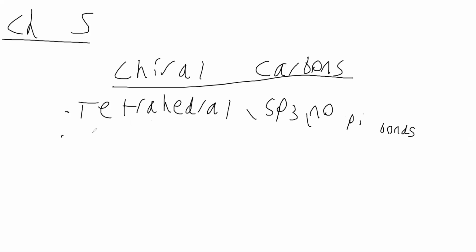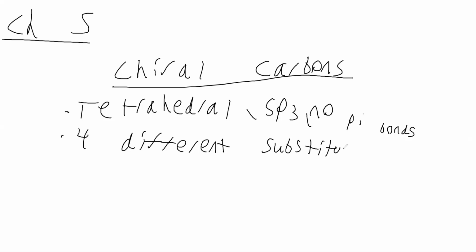And then in order for it to be chiral, after you recognize that it's tetrahedral, you have to see that it has 4 different substituents. So like this here has 2 hydrogens, even though the other 2 substituents are different.